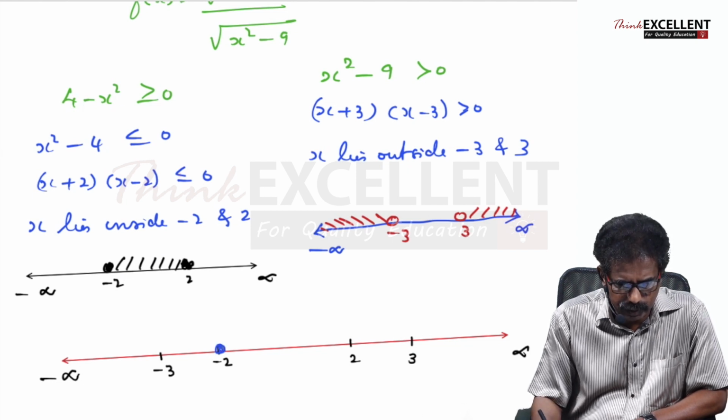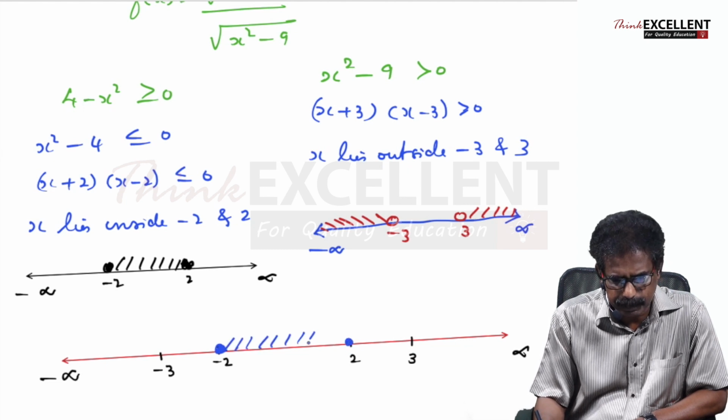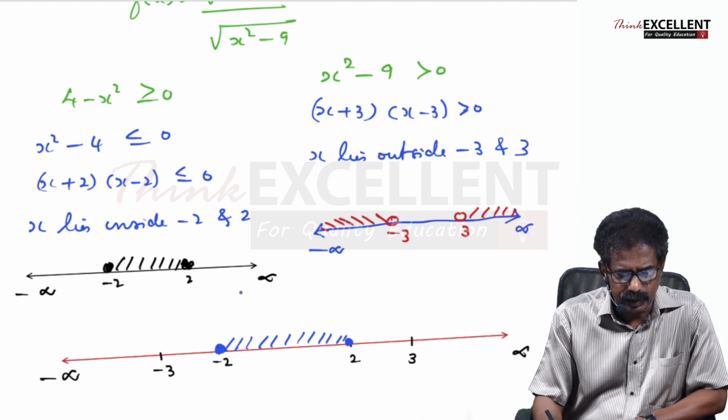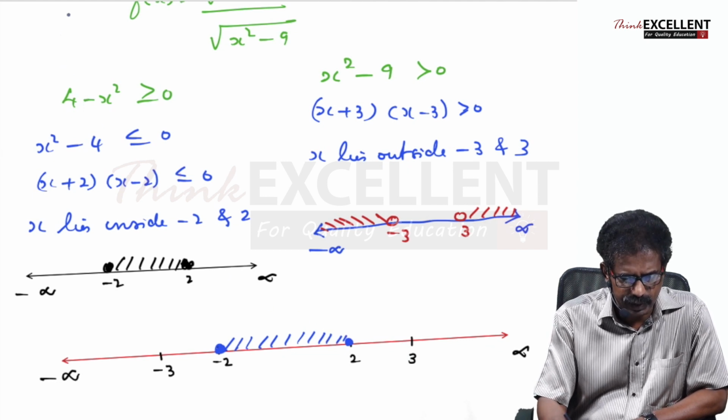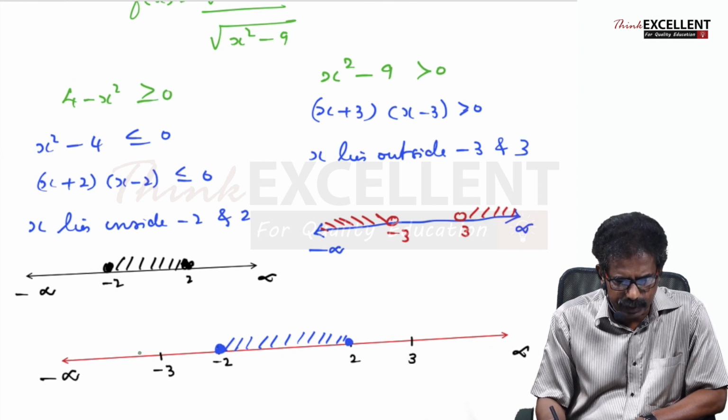Minus 2 is included, 2 also included, between that, so this portion. Okay, that is for numerator. For the denominator, minus 3 is left side, minus 3 is not included. And another one is what? 3 is right side, 3 is not included, 3 is right side.